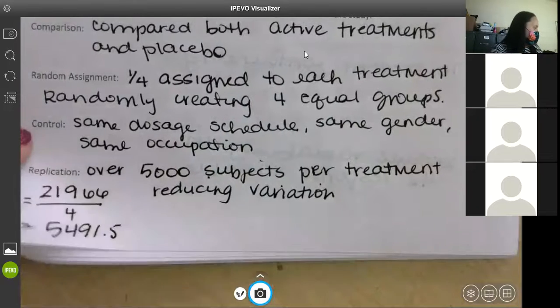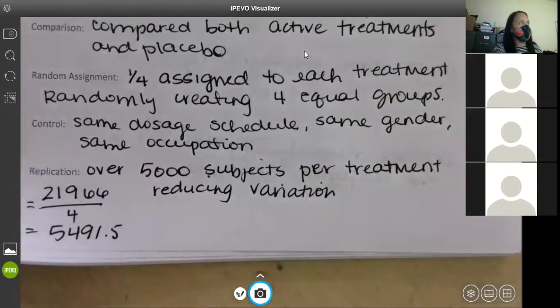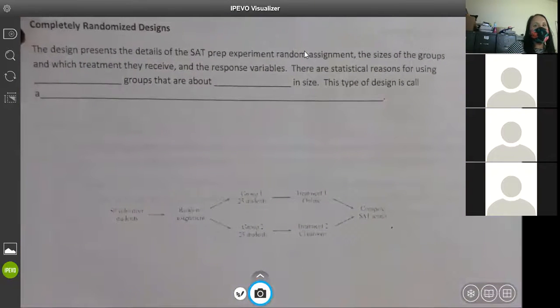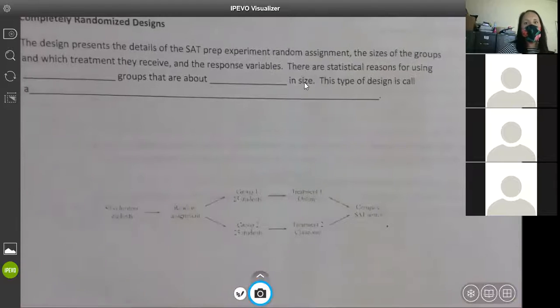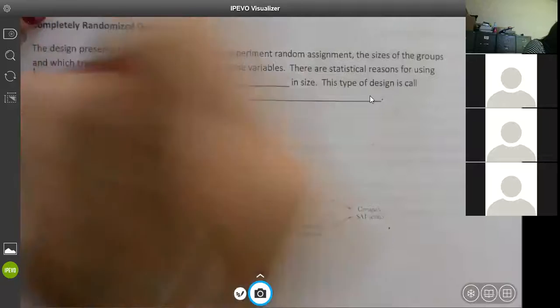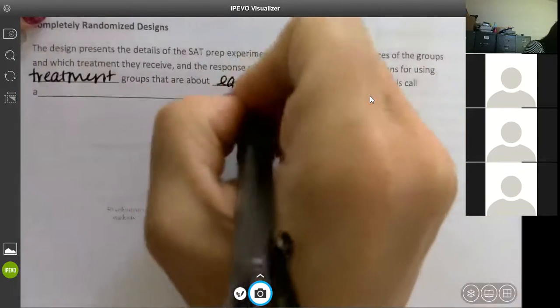All right. This page is really quick, just fill in the blank, nothing crazy. Completely randomized designs. The design presents the details of the SAT prep experiment: random assignment, the sizes of these groups, the treatment they receive and the response variables. There are statistical reasons for using treatment groups that are about equal in size.